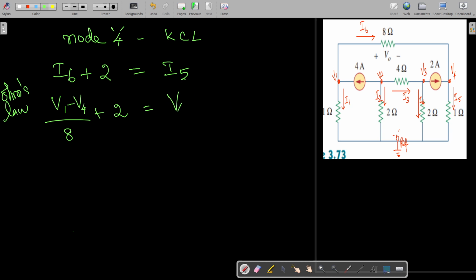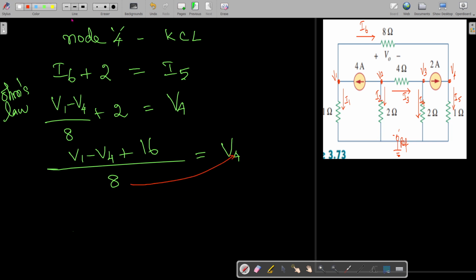So it is V4. If I take the common denominator here, it is V1 minus V4 plus 16, that is equal to V4... sorry, equal to 8V4. If you cross multiply this, we get V1 minus V4 plus 16 equal to 8V4.